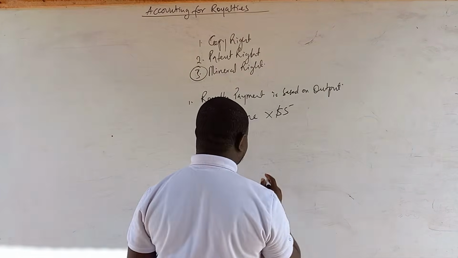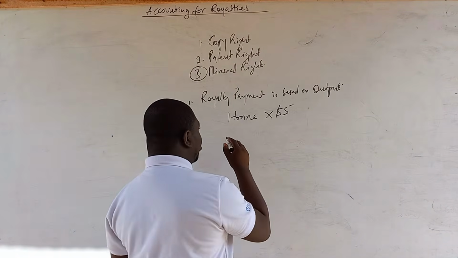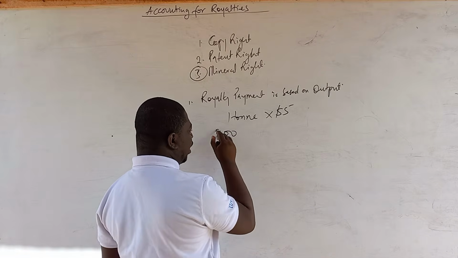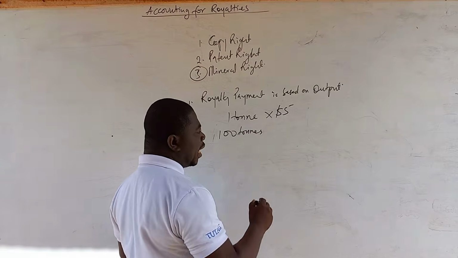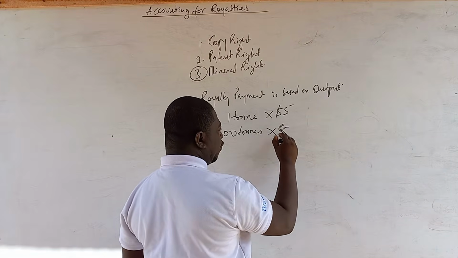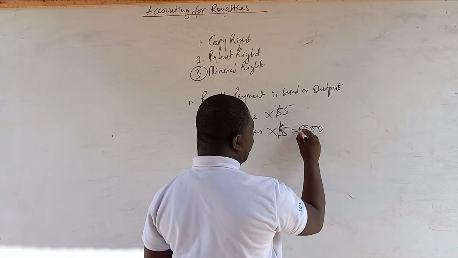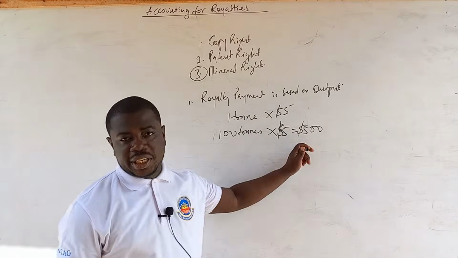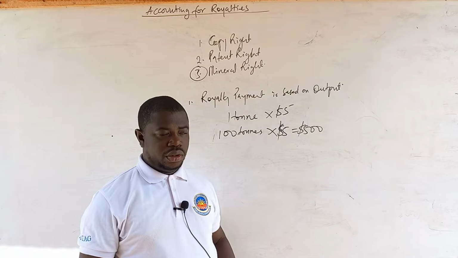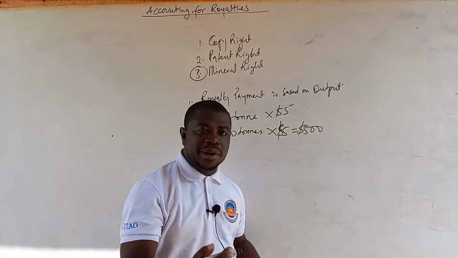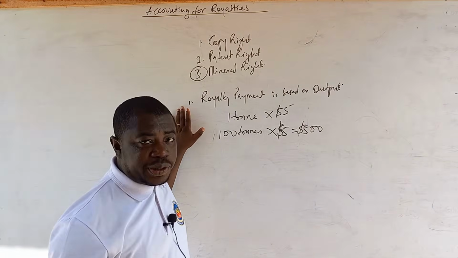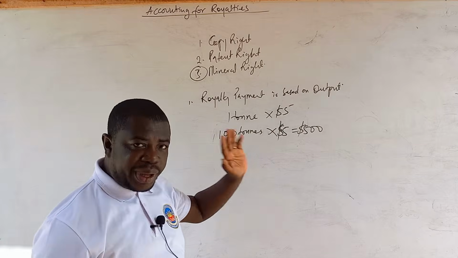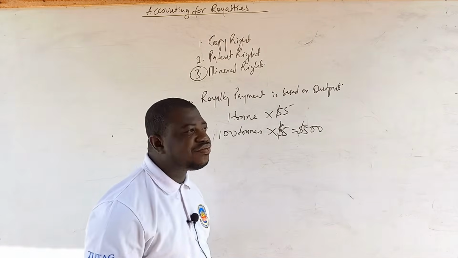And so it means that if at the end of the period you extract 100 tons of oil for the year, you are going to multiply by $5 and pay royalty of $500. So this is the royalty payment that you are going to make at the end of the year. That is what I mean by royalty payment is based on output. So that is the first principle you should understand, that royalty payments are based on output.